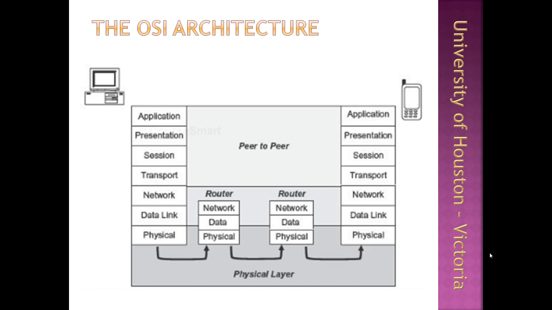One of the most advanced and widely used architectures out there is the OSI architecture. It's a 7-layer architecture that allows 2 different devices of different sizes, different computational power, and even different hardware to be able to connect to each other over the network.